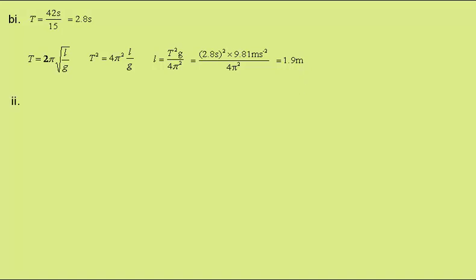In part 2, we're told the centre of mass of the girl of mass 18 kilograms was raised 250 millimeters above the lowest position. We need to find the kinetic energy as she first passed through the lowest point.